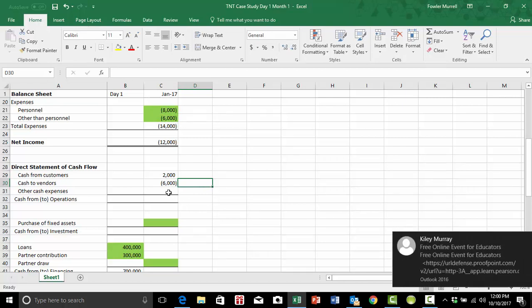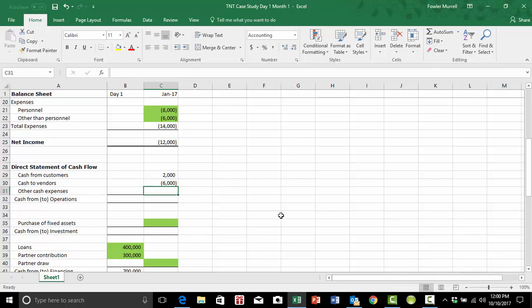And then other expenses. Those other expenses happen to be personnel, payroll. They are not vendors. They are personnel. And that would equal this number. Okay.